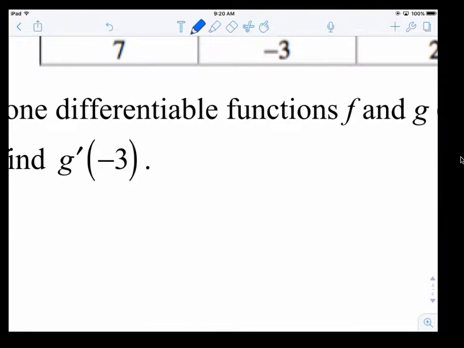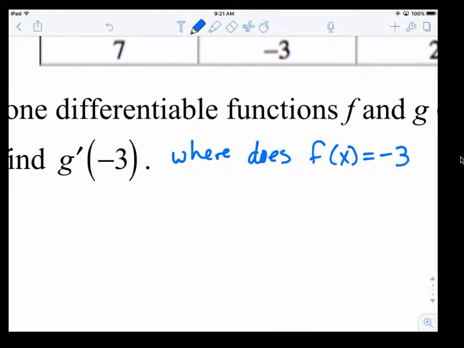So we need to come up with the corresponding point that goes with this. All right, so we need to figure out where does f of x equal negative 3.